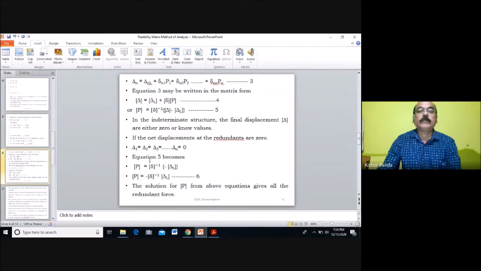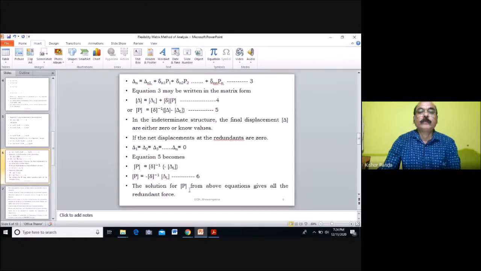So equation 4 becomes P is equal to the inverse of the flexibility matrix times minus delta L. The redundant force you can find using this formula: the inverse of the flexibility matrix into delta L.